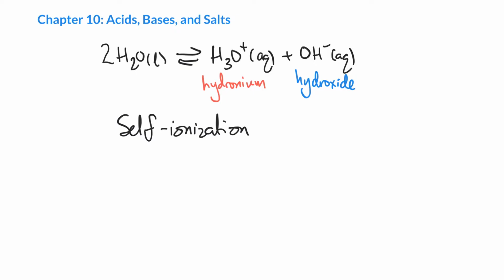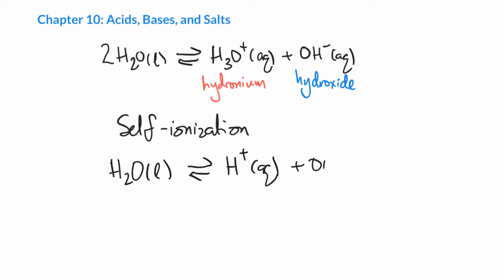Sometimes we get a little bit lazy, and instead of writing the two water molecules that are colliding with each other, we can think of one water molecule essentially splitting apart. And so sometimes we write these simpler reactions. So H2O liquid breaks down and forms H+ and OH-. And so this isn't quite as honest, to be honest.